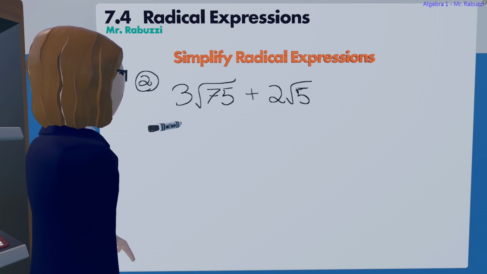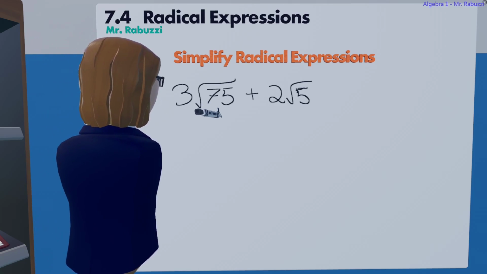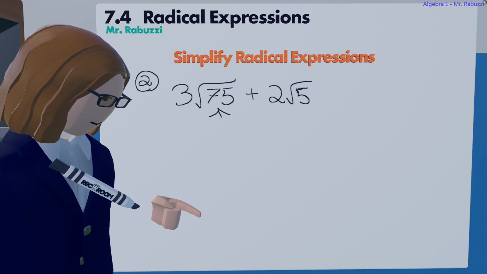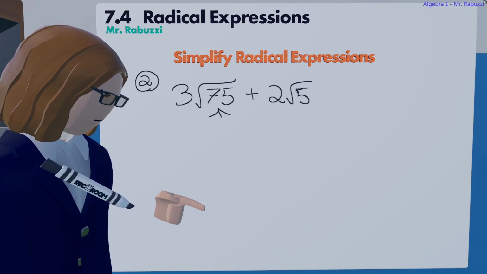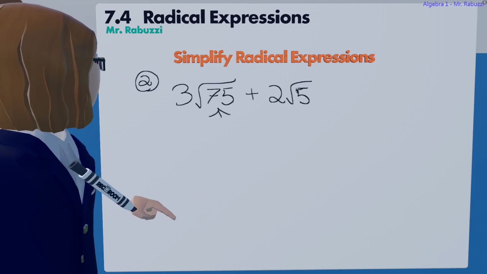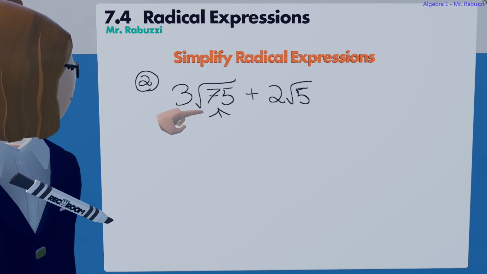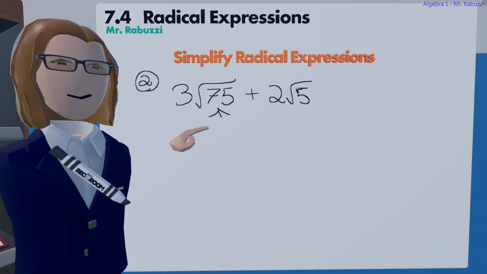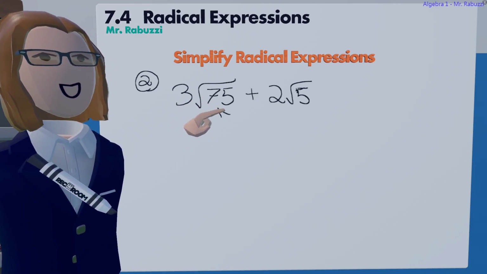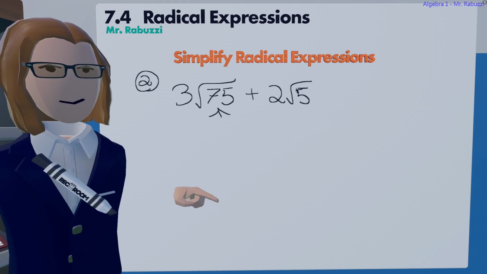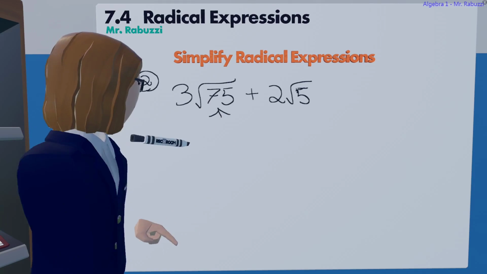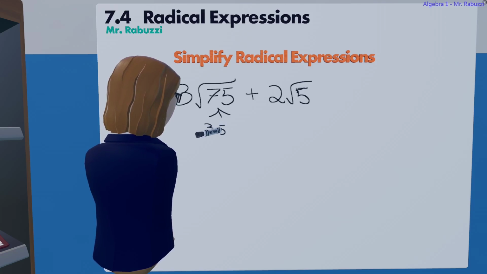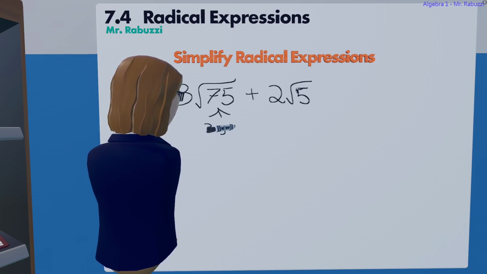The first thing I want to try is to factor this down, right? So what is the prime factorization of this? Okay, well, I know that 75 is 3 times 25, and I know 25 is 5 times 5, so I'm going to split it into 3 times 5 times 5.